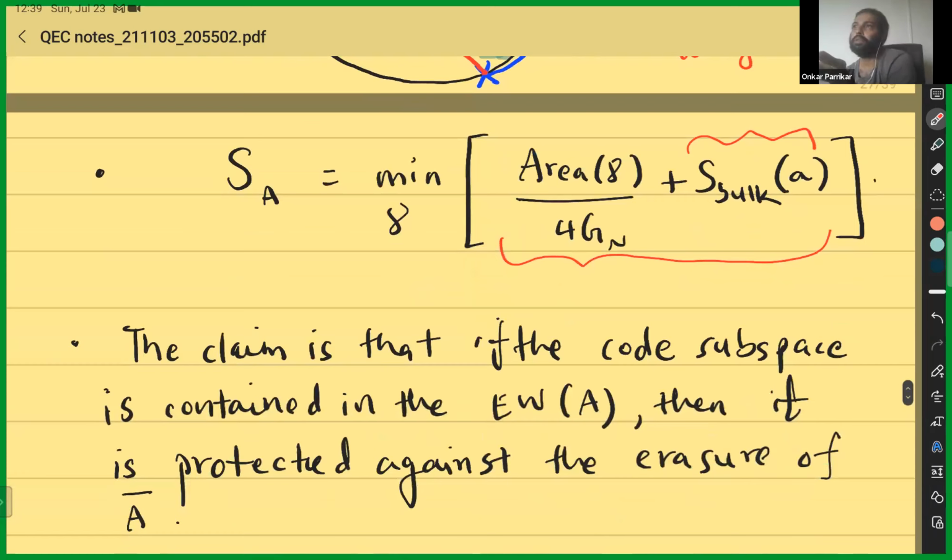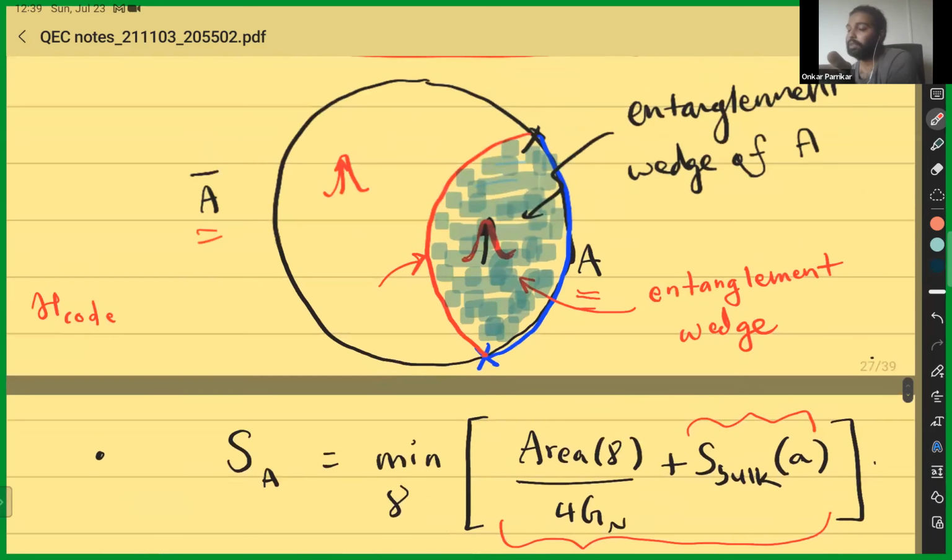So I gave you a subspace inside the CFT Hilbert space. The subspace was the set of states which corresponded to excitations of this one particular mode. The claim is that if this mode was in the entanglement wedge of capital A, then this subspace is protected against the erasure of A bar.